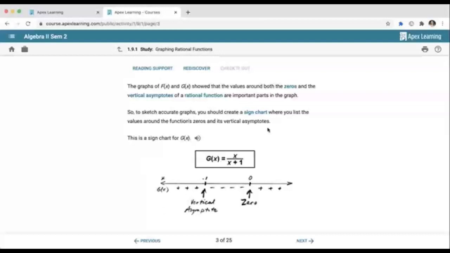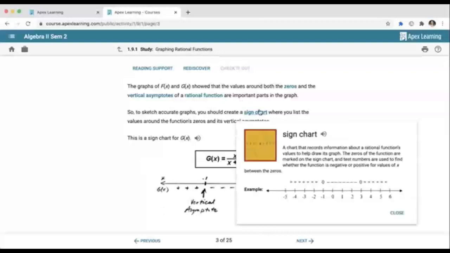What they're saying is that you can make this thing called a sign chart. The definition of a sign chart is a chart that records information about the rational function and its values. It's going to tell you where the zeros are, whether the value is going to be positive or negative, and what it might be.